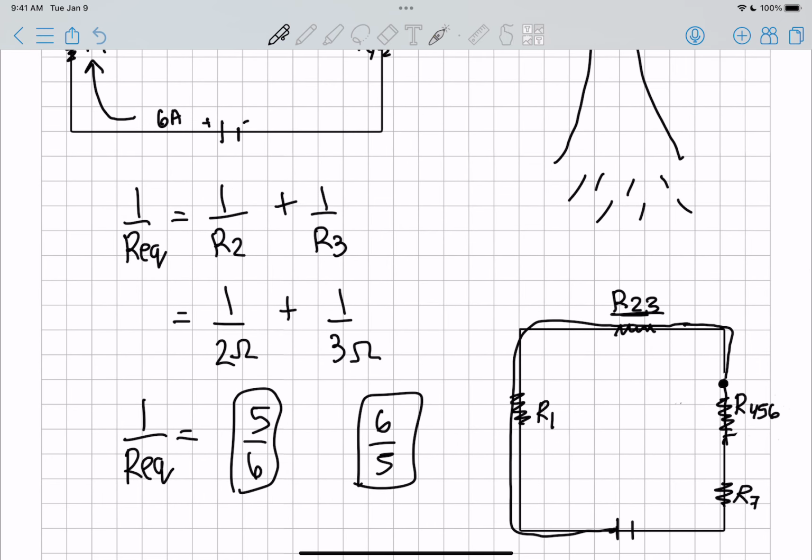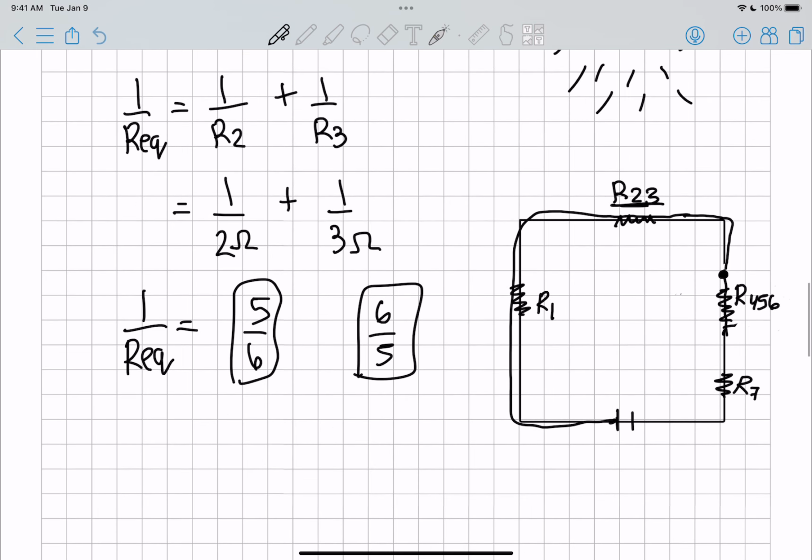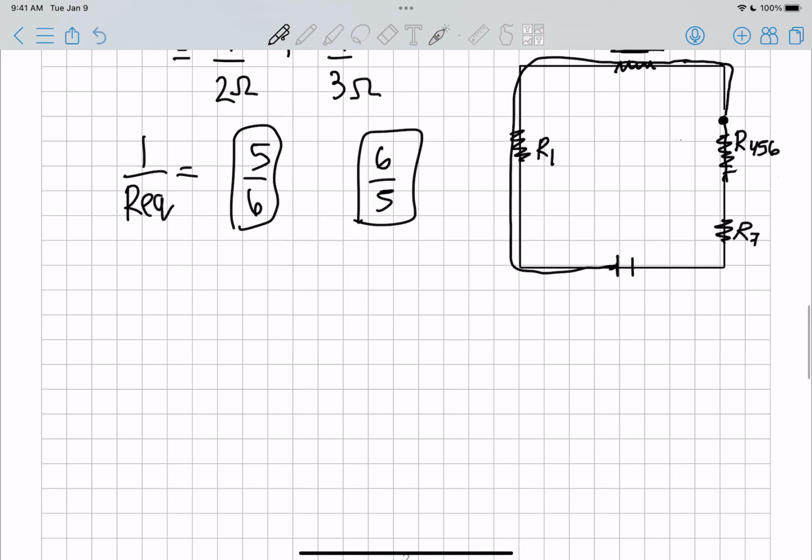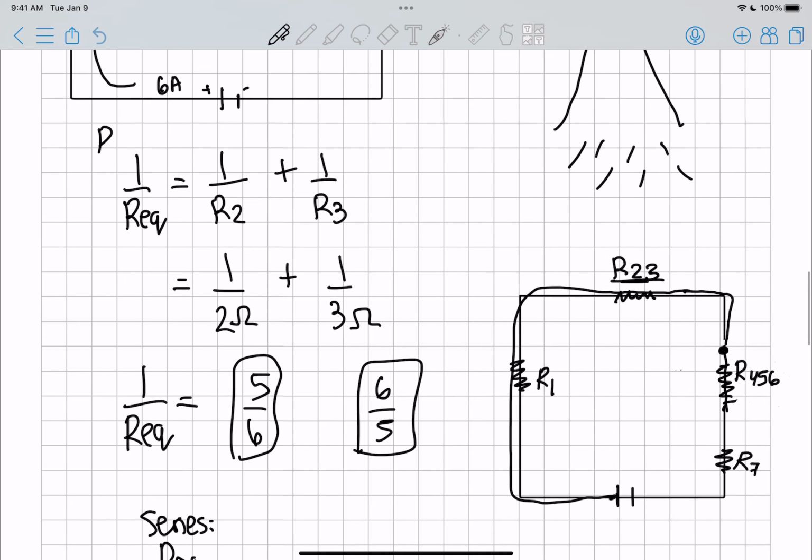To find the equivalent resistance of multiple resistors in series, instead of doing 1 over R equivalent is equal to 1 over the resistance plus 1 over the other resistance, for the equivalent resistance of series, let me just write this as parallel. This is in series.